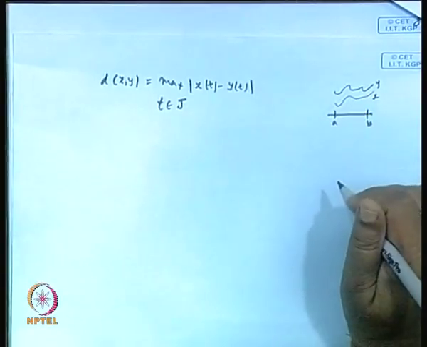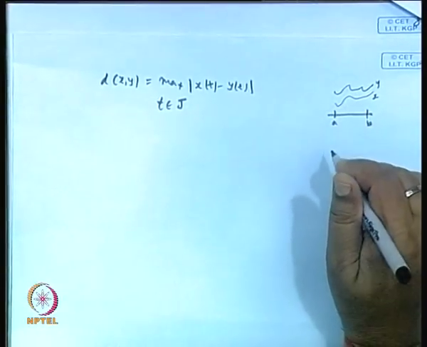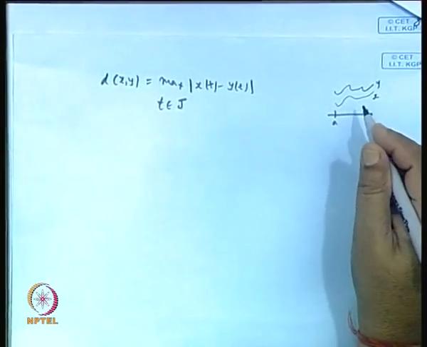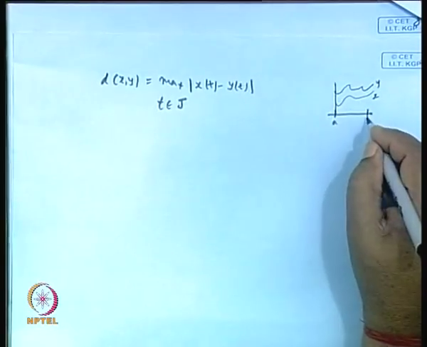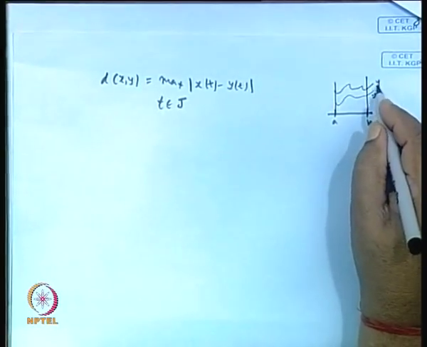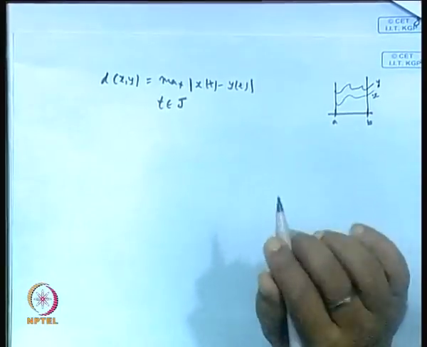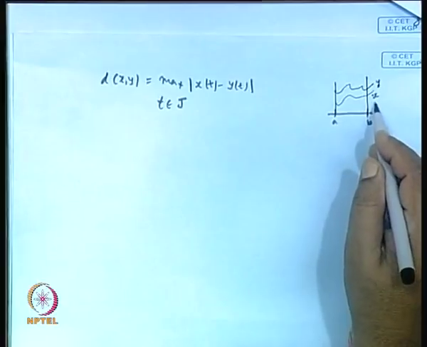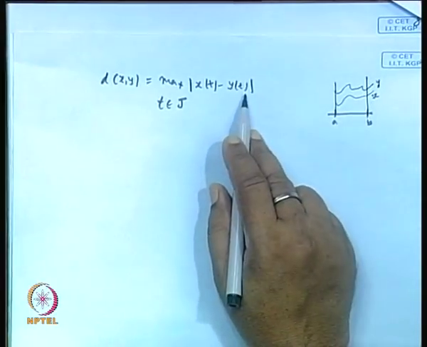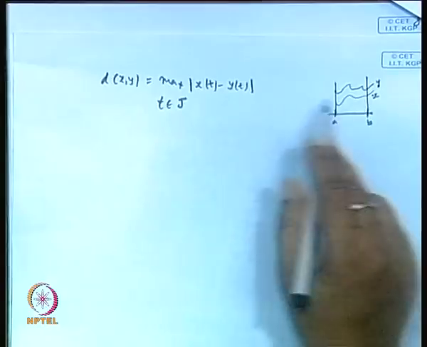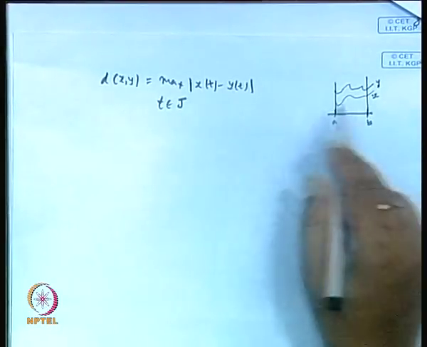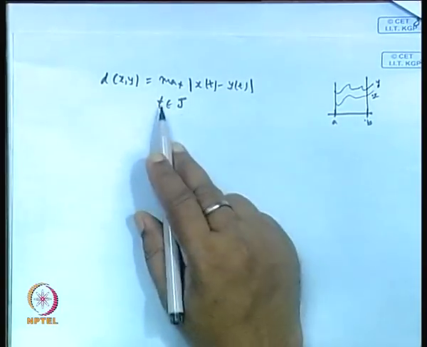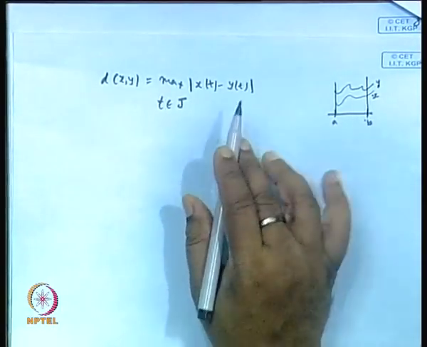We know that if f is a continuous function over the closed interval [a,b], then it attains its maximum and minimum value over the interval. We also know the difference of two continuous functions is a continuous function. So, x minus y will also be a continuous function. Therefore, the maximum value will be attained by the function x minus y over the interval [a,b]. Hence, this is well defined and it will be some finite real quantity.